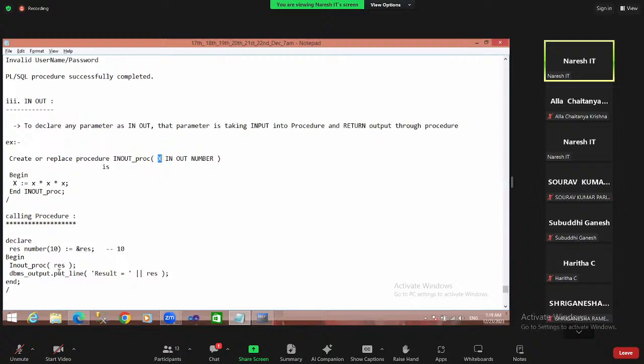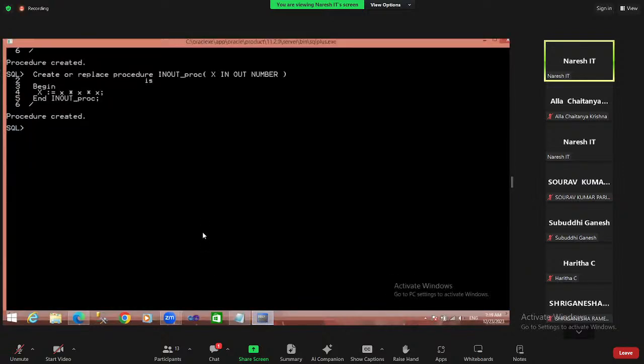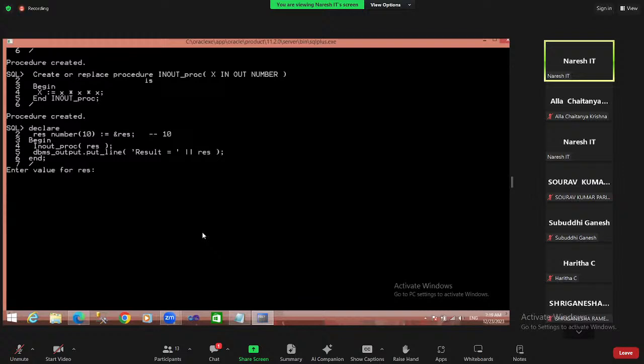That is directly copied into the result variable, so the result variable is now 1000. It displays. Guys, the same variable acts as in and also as out. By using this in out procedure, we can reduce the number of parameters.